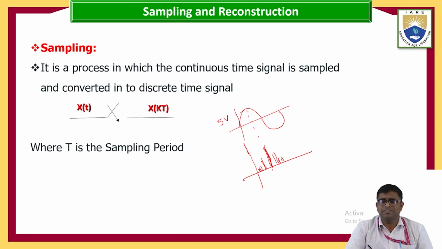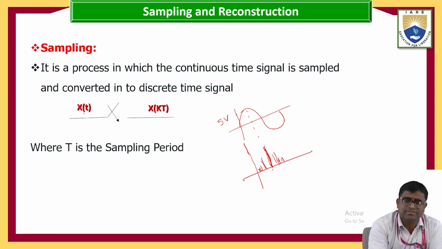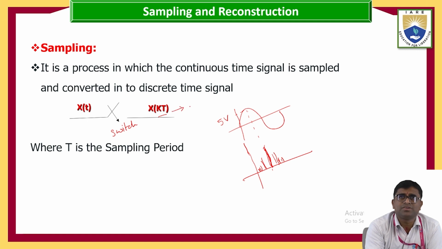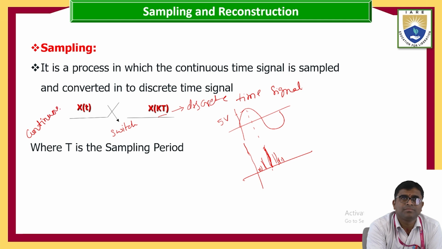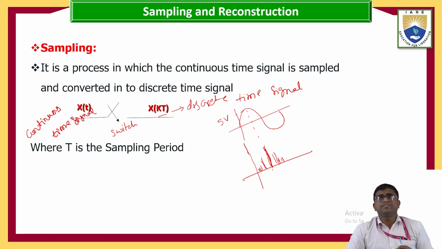That is, x of t becomes x of kT, which is called a discrete time signal, where T is the sample period.